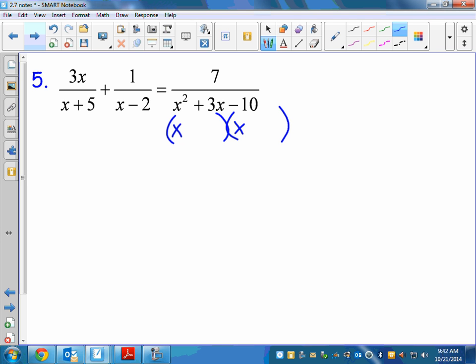What multiplies to give me 10 that subtracts to give me positive 3 does work out to be positive 5 and negative 2. So when you take your common denominator, you just need 1 x minus 2, and you just need 1 x plus 5, which means although it's a bigger problem, you still don't end up with a giant mess that you have to FOIL a million times.